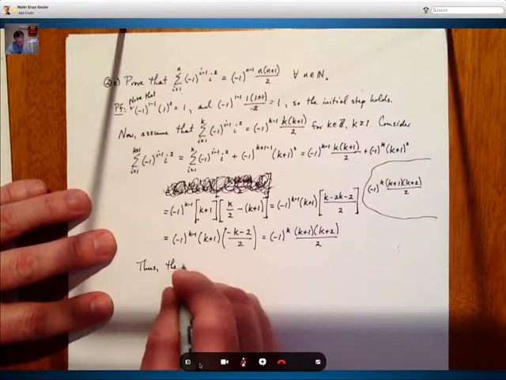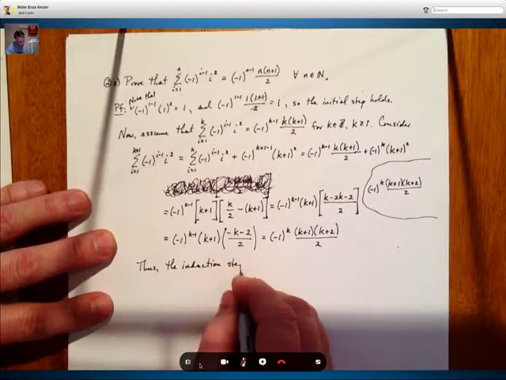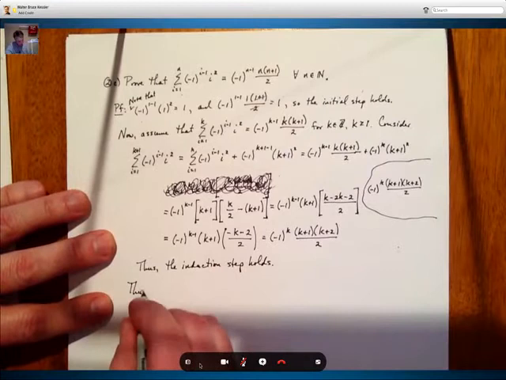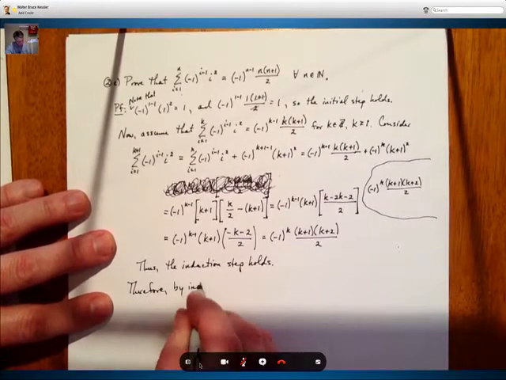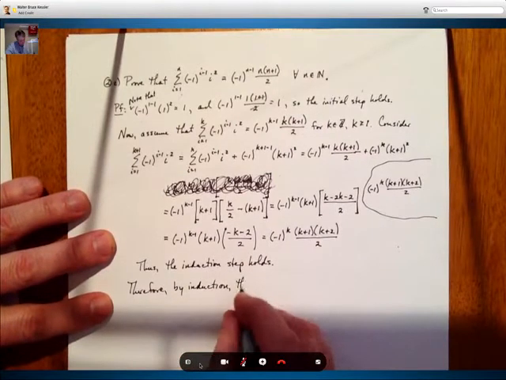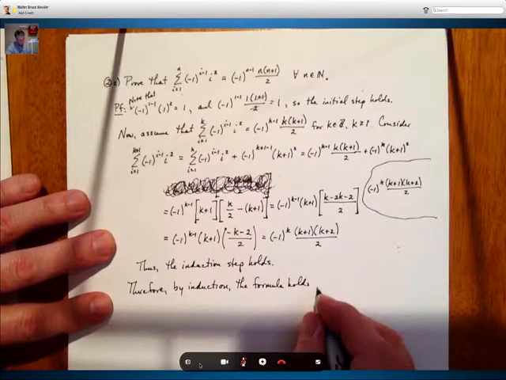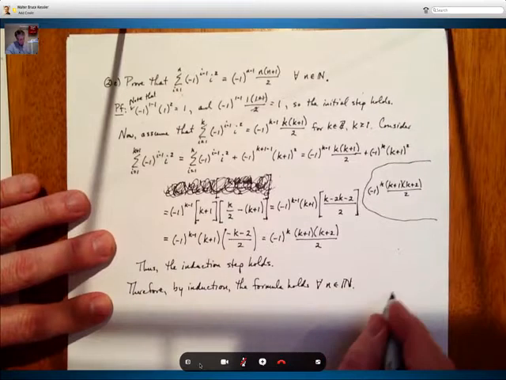So, the induction step holds, and therefore by induction the formula holds for all n that are natural numbers.